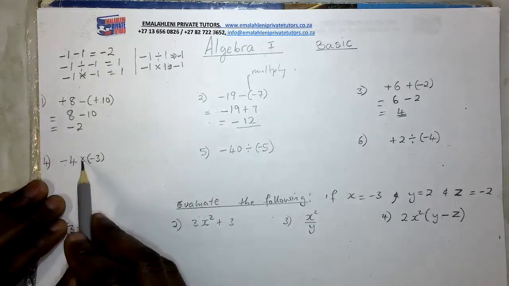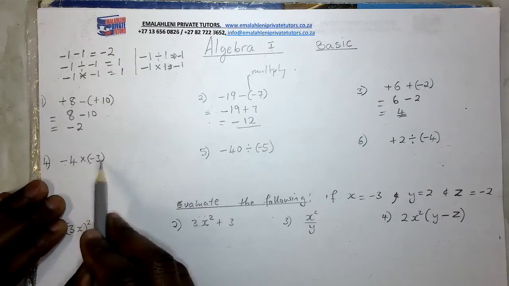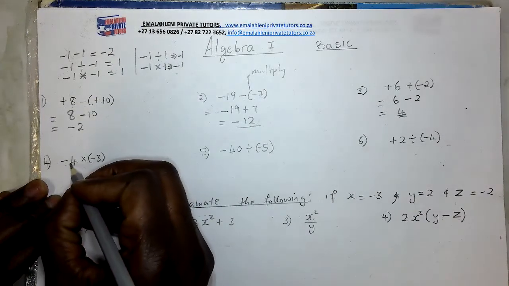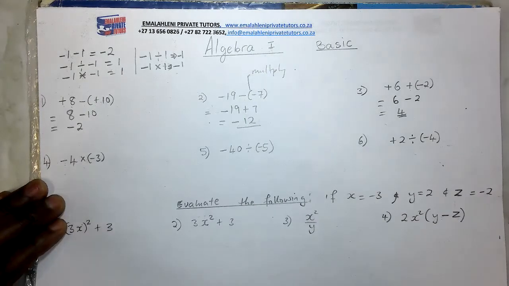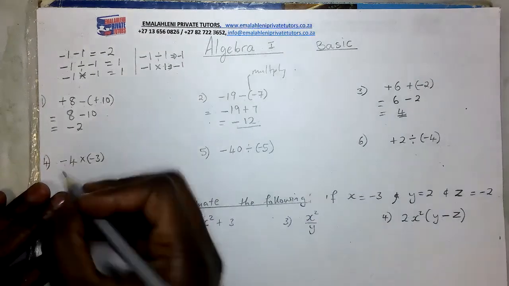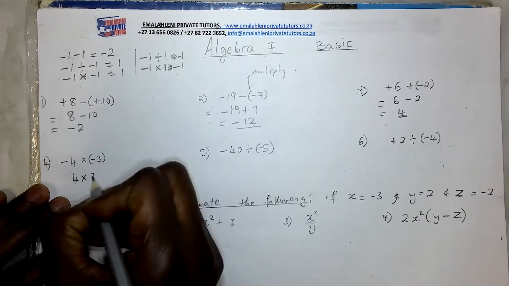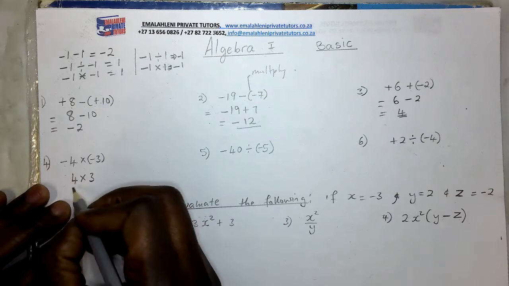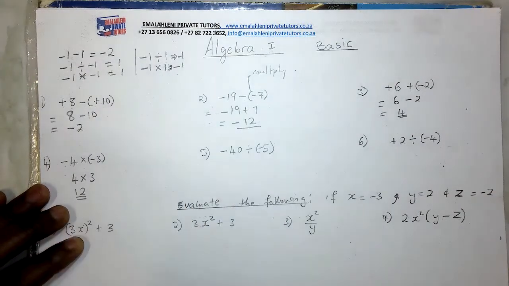It's more like we are saying minus times minus, what do we get? Your minus and minus cancel. So it's more like we are saying 4 times 3, because the negative cancels and our answer is 12. That's what we are saying here.